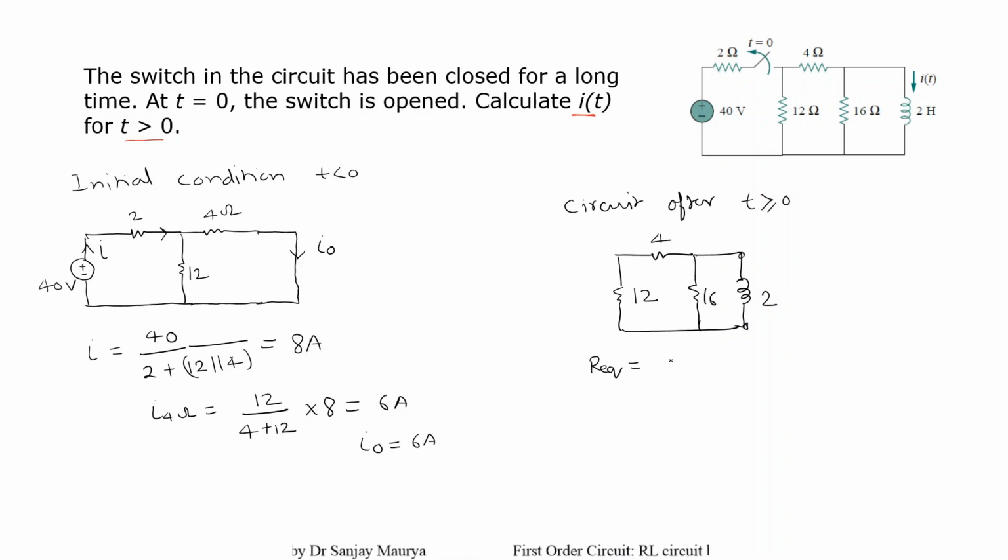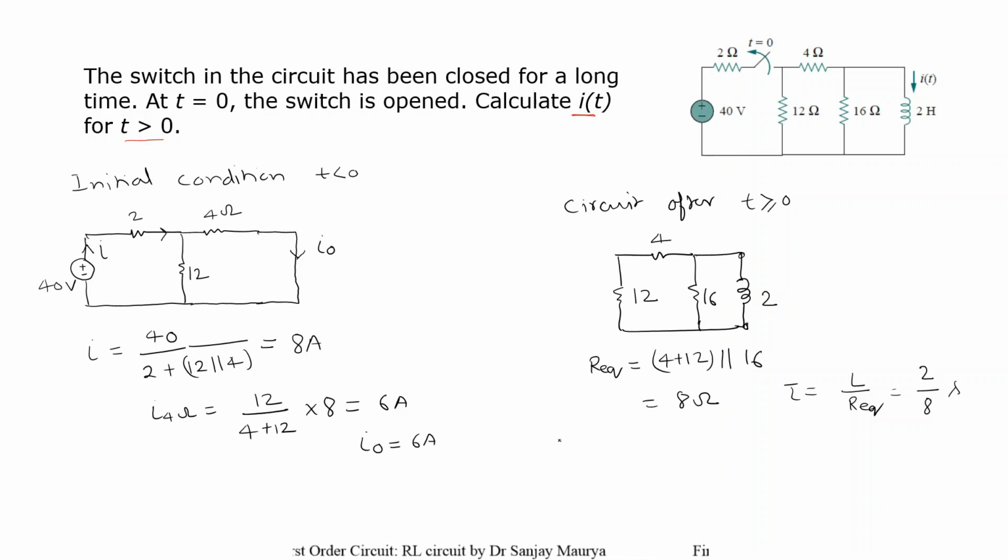So I can write it down: 4 plus 12 in series, in parallel with 16 ohm. This will be equal to 8 ohm. So tau will be equal to L by R equivalent, L is 2, so 2 by 8 second.